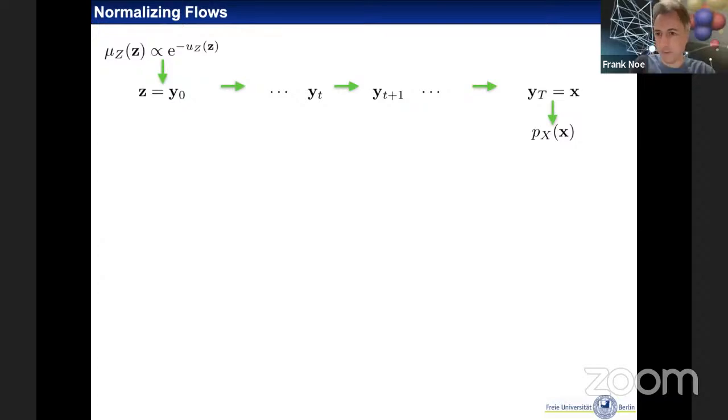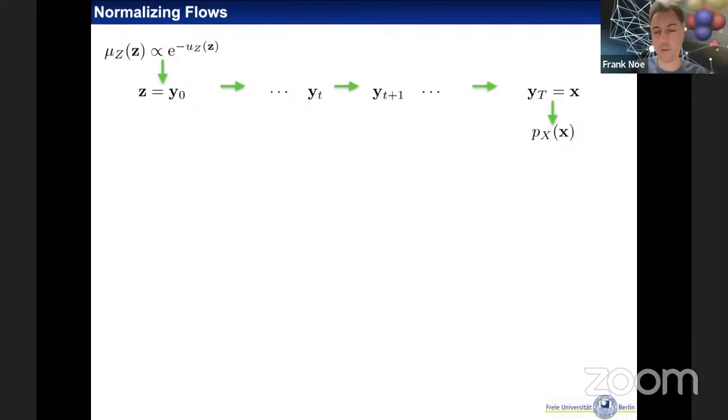We can, for example, start with a certain starting distribution, and that could be something very simple, like a multivariate Gaussian distribution, or it could be something much closer to the target distribution we're interested in, such as the same molecular system at a different temperature, or maybe a simplified Hamiltonian where we are uncoupling certain things that cause sampling problems. Any of these things could serve as an input distribution.